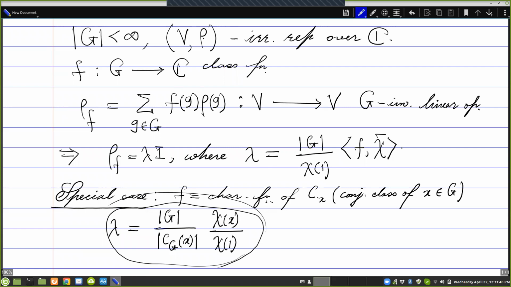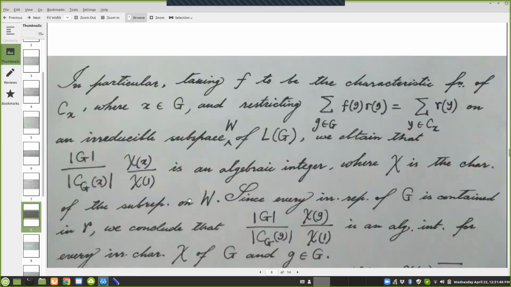Here V is just W, which is an irreducible subspace of LG. So this operator on W becomes a scalar multiple of identity. The scalar is precisely this, where chi is the character of the subrepresentation of R on W. And since this is on W, it is just a scalar multiple, so the scalar has to be automatically an eigenvalue.